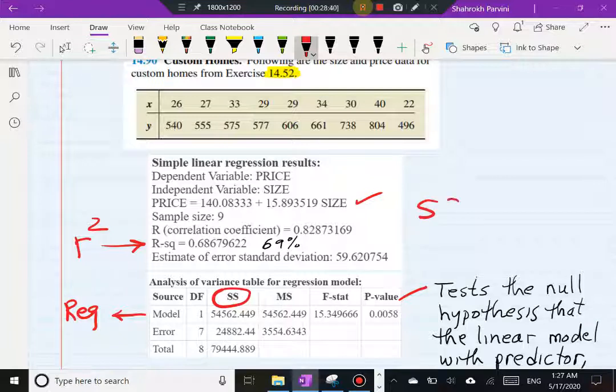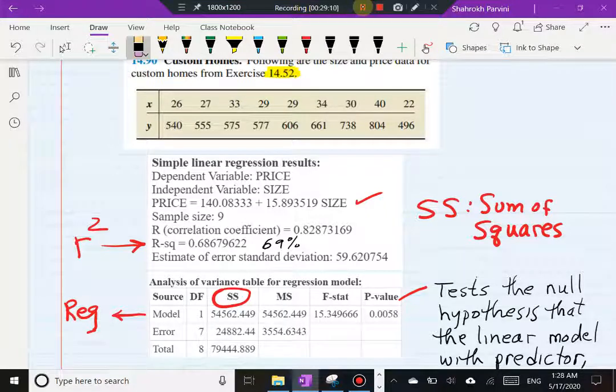Those are the squares of those distances, so that's what the reference to squares is. The number that sits in here is SSR. The way StatCrunch calls this, it calls it the model, but it's the regression model.